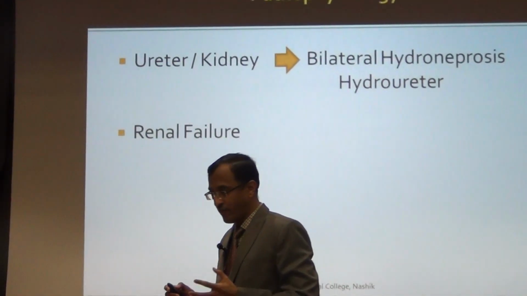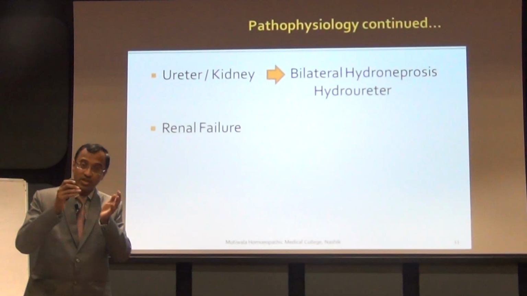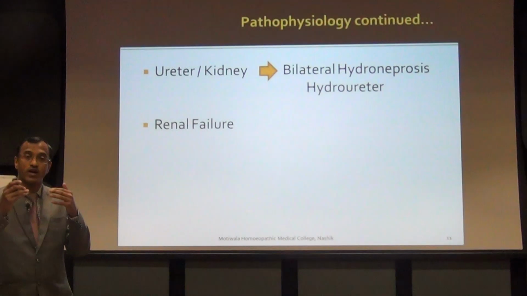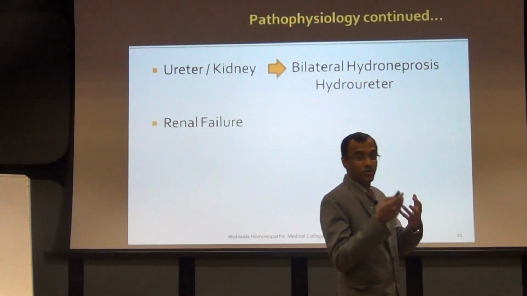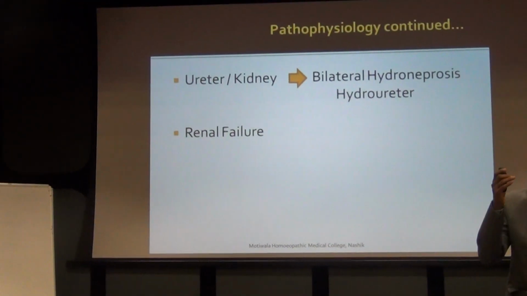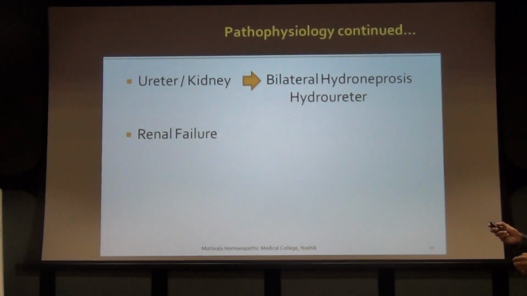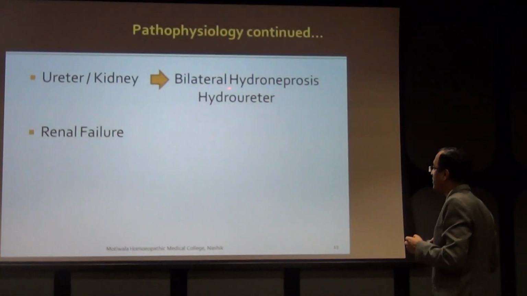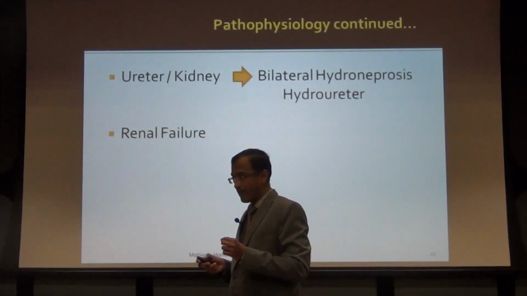This hydronephrosis causes pressure, and this pressure causes atrophy of the renal functional tubules, and once it develops, it will slowly deteriorate the renal function. So this is a very key thing we have to understand in the sonology report.